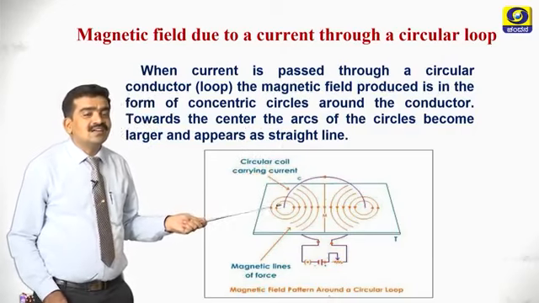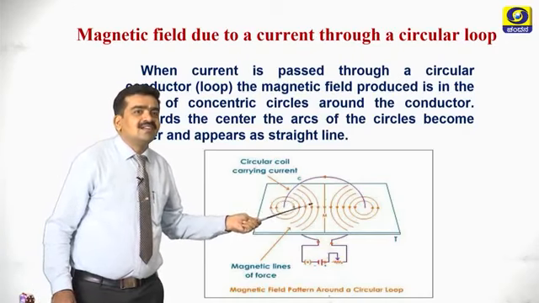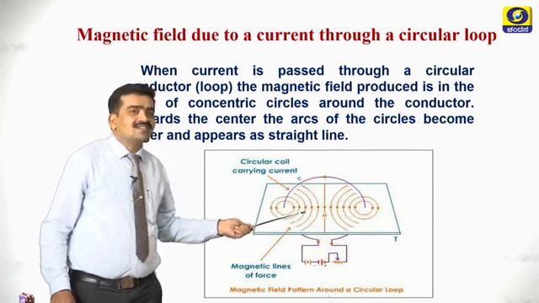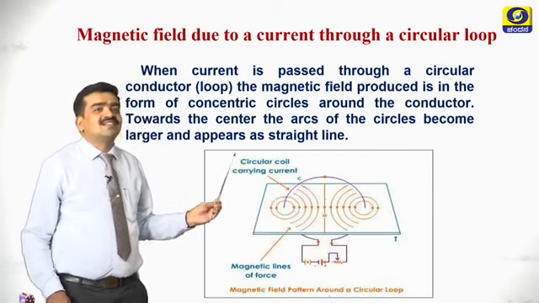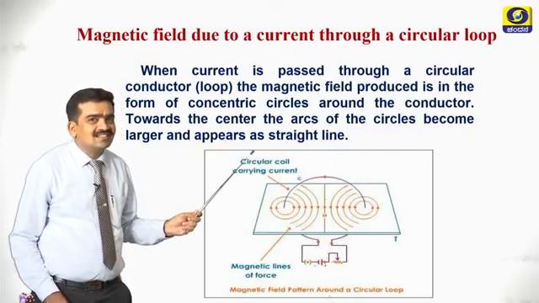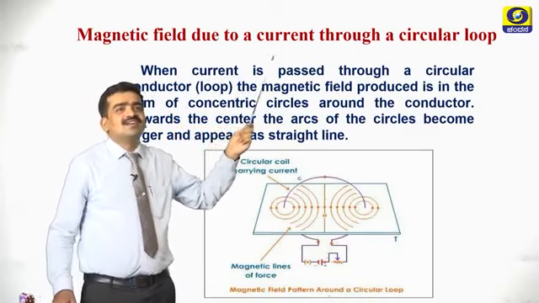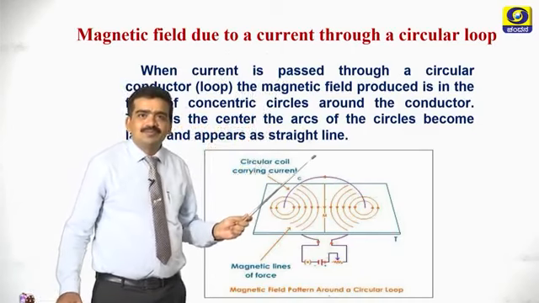You are seeing here the arcs are smaller. If you move on to the center, the arc becomes larger and larger, and at the center it appears as a straight line. This is the thing you have to notice in the case of the magnetic field due to current through a circular loop.